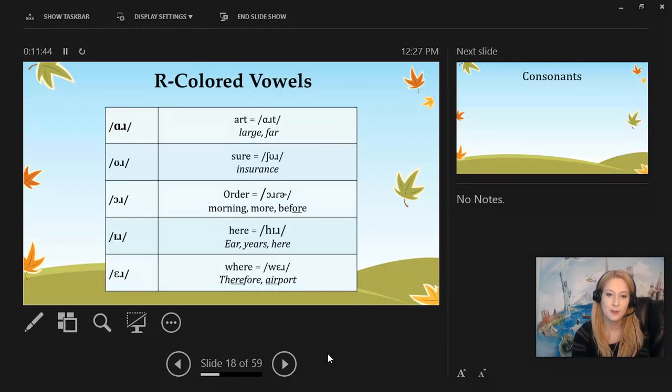Then we have the next one as in order, morning, and before. Ear, as in here, years. And then the air sound, as in where, therefore, and airport.